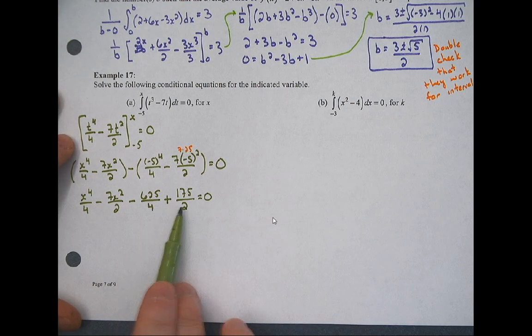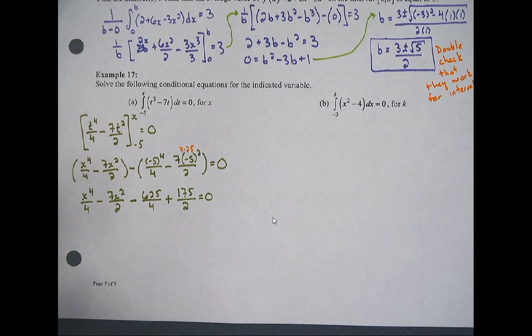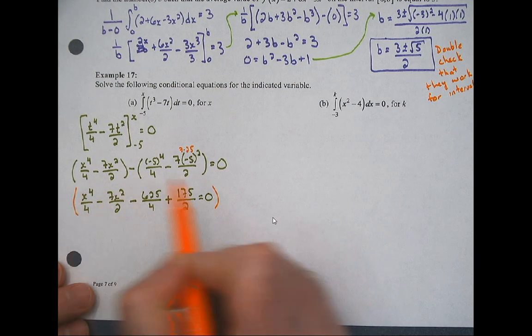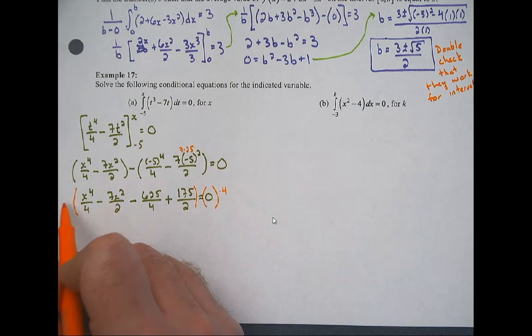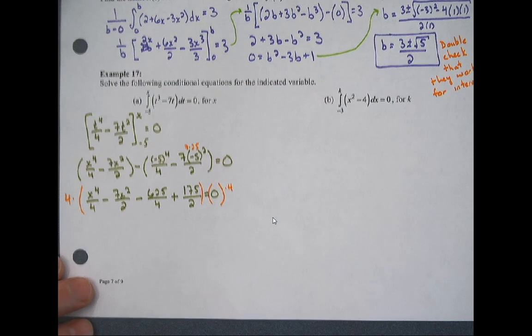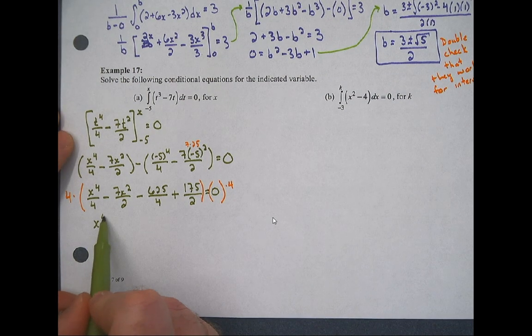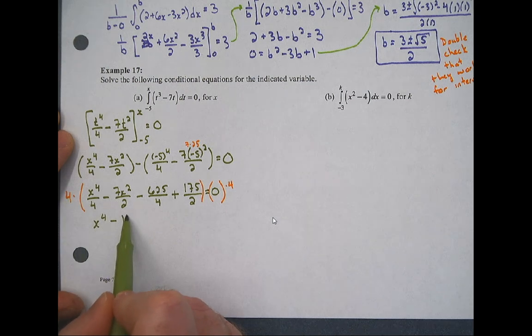I could try to get a common denominator here, but I'm just going to try to kill all the fractions off at this point. So I'm going to multiply the whole equation. I mean, technically, I'm doing both sides. So this is AP, we've got to be a little fancy. Times everything by 4 to kill those fractions. So I would have x to the 4th minus, okay, the 4 is going to cancel, but it's still going to have a 2 there.